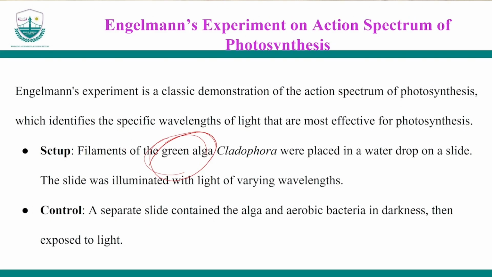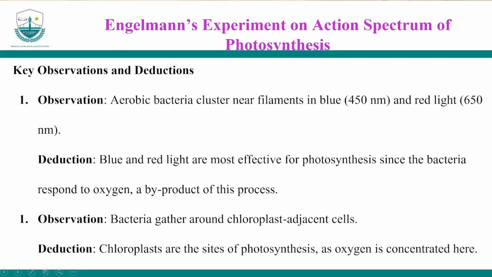And then another slide was obtained, still with algae, but also with aerobic bacteria. This time in darkness first, and then exposed to light later on. So what did he see?